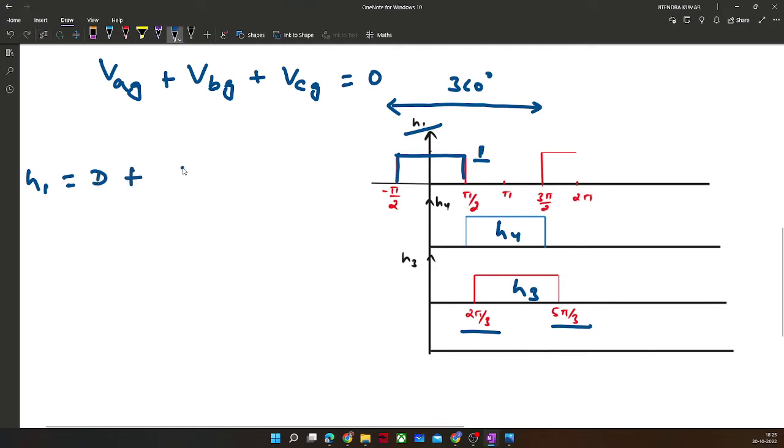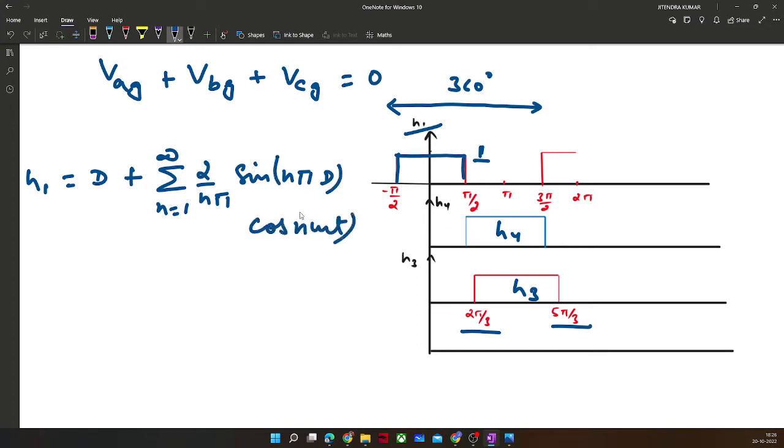It will be D plus 2 by N pi sin N pi D cos N omega T. So now we know D, right? How much is the value of D?